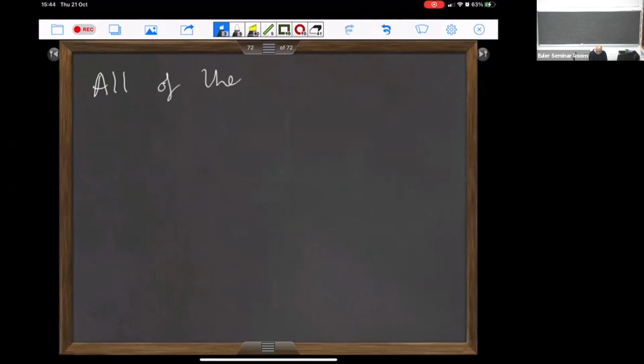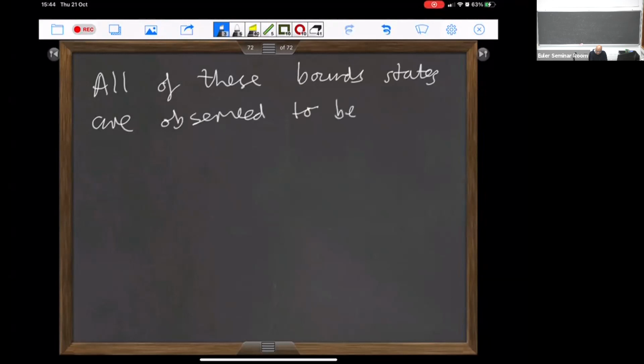All of these bound states are observed to be SU3 invariant. So from an observational point of view, the SU3 symmetry is not broken by the vacuum.